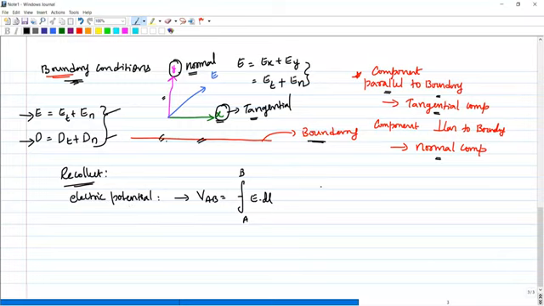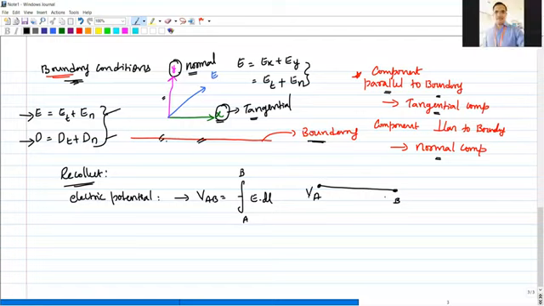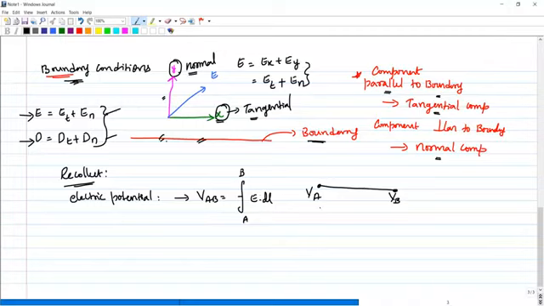See here, suppose you have one wire with two ends, A and B, with potential VA at A and VB at B. What is the potential difference between these two points? The value will be VAB.